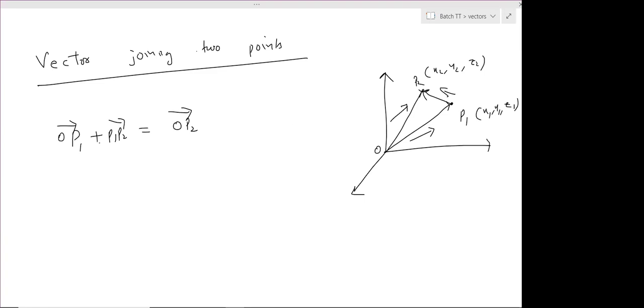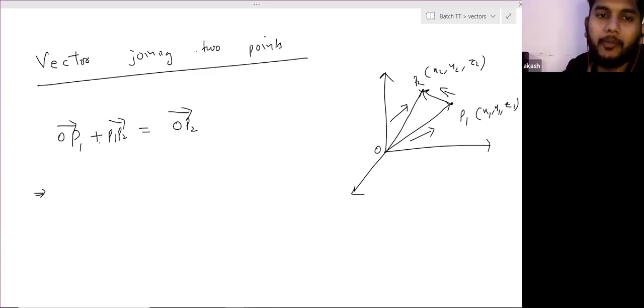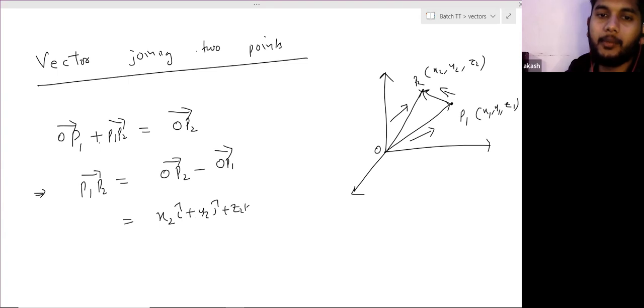Yes, right. So what we have to find? We have to find P1, P2 vector. This is OP2 vector minus OP1 vector, and OP2 vector, we know the position vector of P2, I can write x2 I cap plus y2 j cap plus z2 k cap, minus OP1 vector, we can write x1 I cap plus y1 j cap plus z1 k cap.